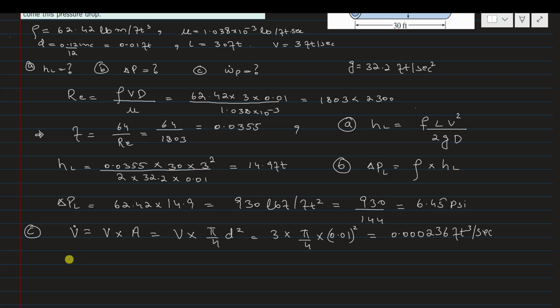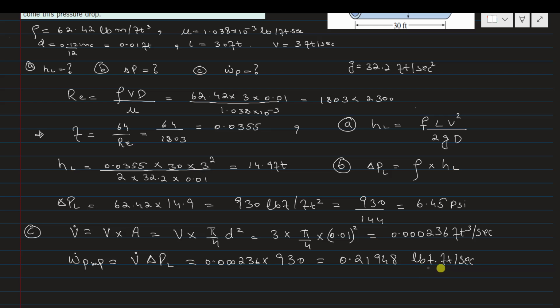So finally the work input in order to run the pump is equal to the volume flow rate multiplied by the pressure drop. So what is volume flow rate? It is 0.0000236 multiplied with the pressure loss, that is 930. So you will get it in terms of pound force foot per second, that is 0.21948 pound force foot per second.